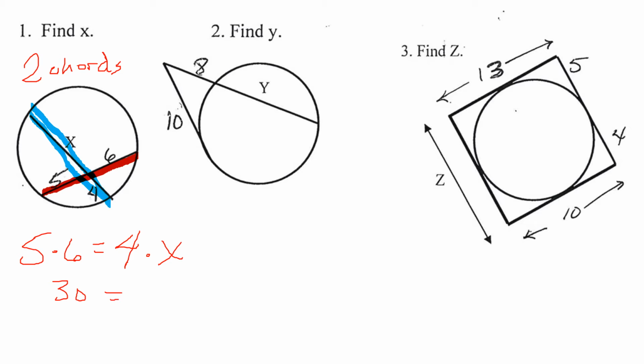This makes 30. This is 4X. Divide it out, and X is going to be 7.5. So that piece will be 7.5 inches, or whatever.